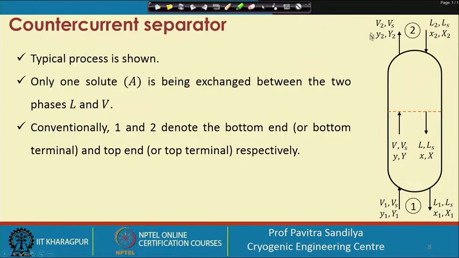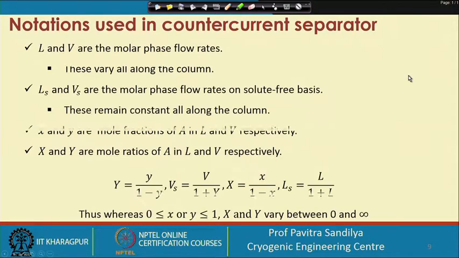Here you can see there are various notations involved, like V2, Vs, Y2, Y, this capital Y2 and all these things. So, now we shall see what kind of notations we are having.